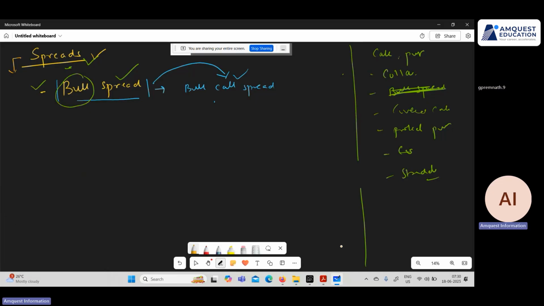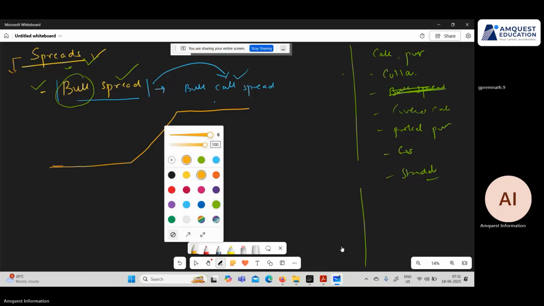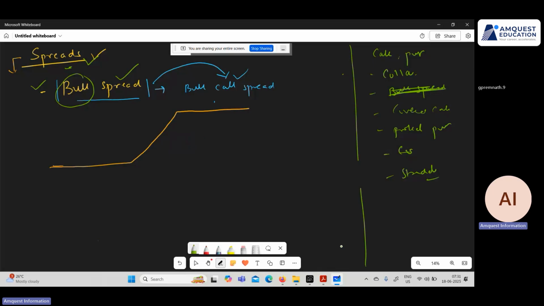But I'm trying to say that it is easy to understand that if my payoff diagram for a bull spread, which is bull call spread, is something like this, then obviously my bull put spread is going to be something like this. This is bull put spread. Sorry, yeah, this is reverse of a bull call spread or a bull spread.